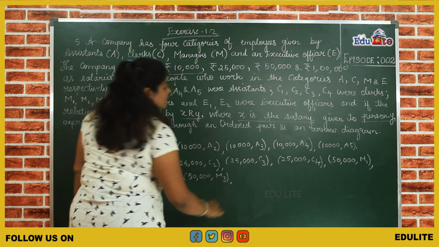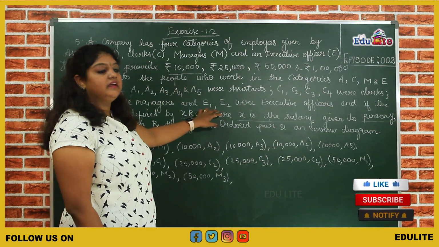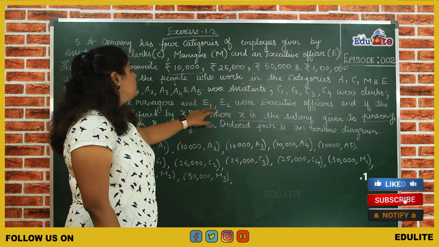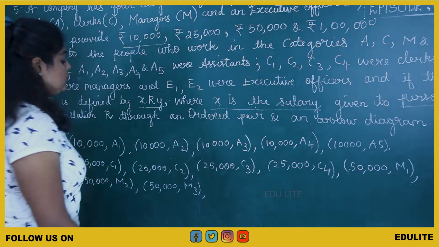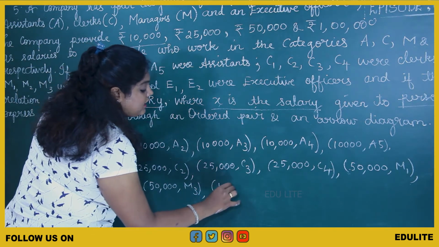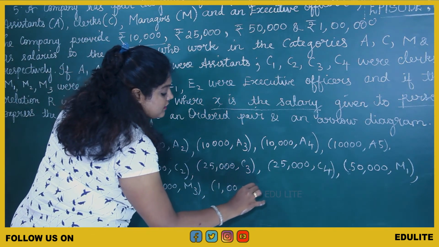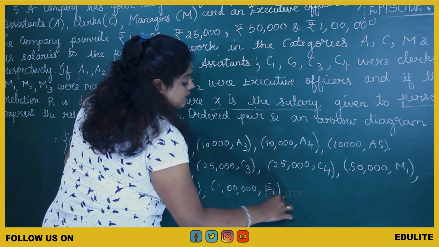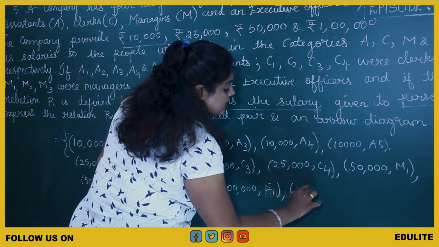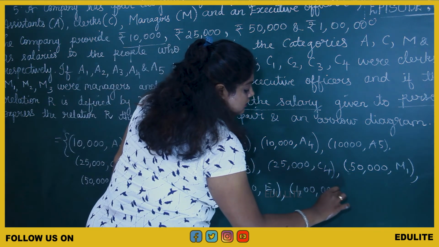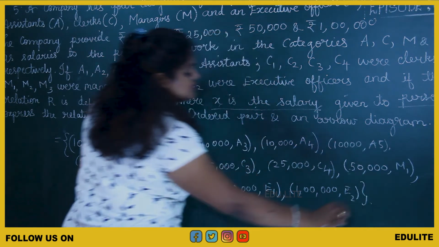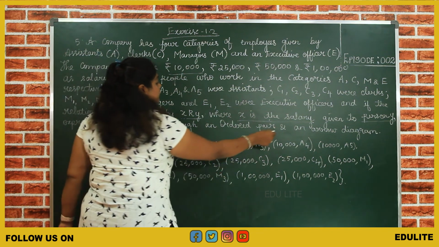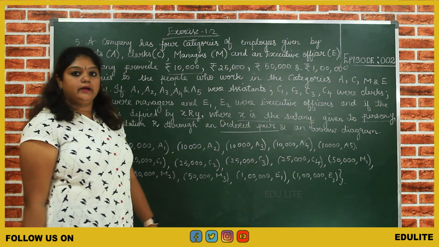So we have completed for managers as well, and finally we are left with executive officers E1 and E2, and they were paid a salary of 1 lakh. So we have to write it in a format such that 1 lakh, E1 and 1 lakh, E2. So according to the question we have represented the given problem as a set of ordered pairs.